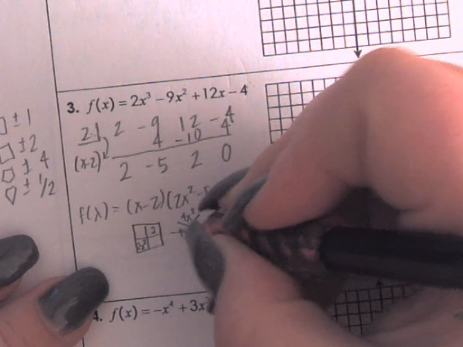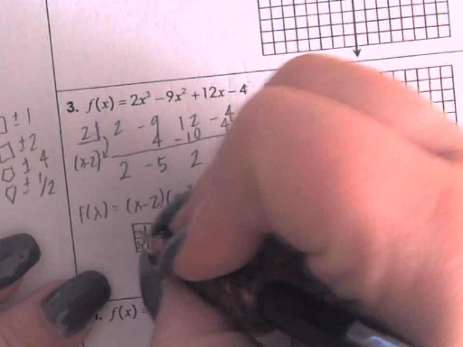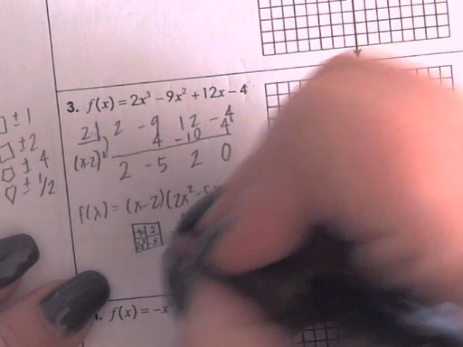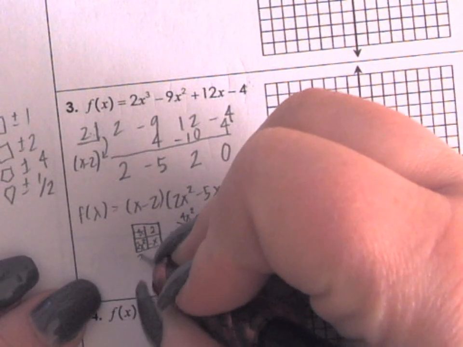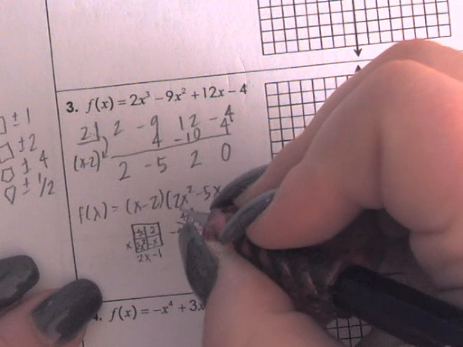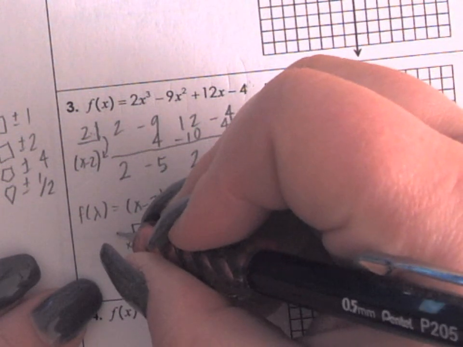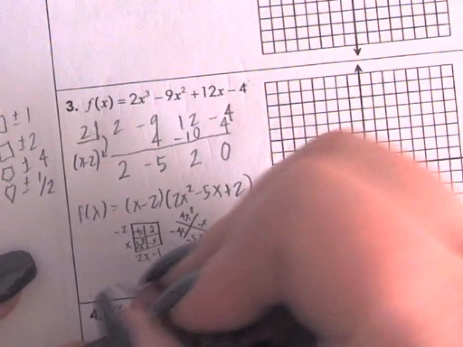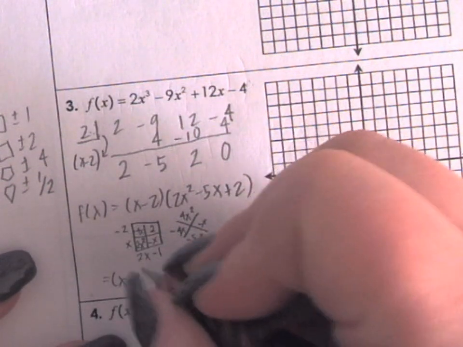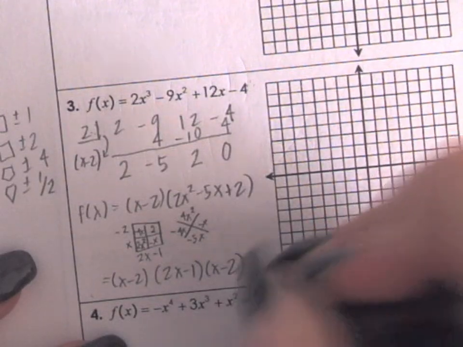So negative 4x and negative x. So then that's 2x minus 1 and x, and then minus 2. So it's x minus 2, and then 2x minus 1, x minus 2.